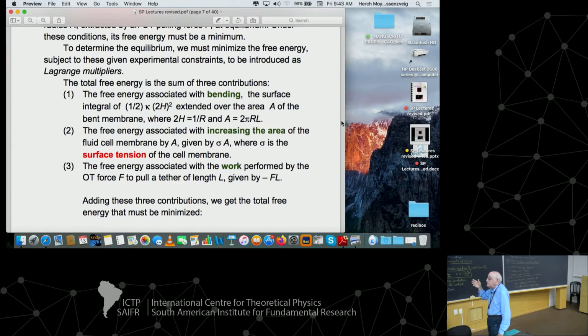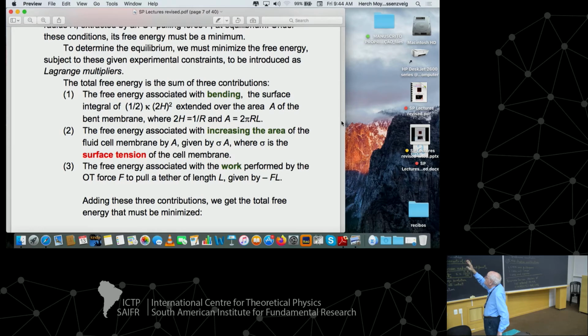This is a kind of generalization of Hooke's law, where you have the torque and the bending modulus in the analog of Hooke's law. That integral must be extended over the whole area of the bent membrane. And 2h is just the curvature.